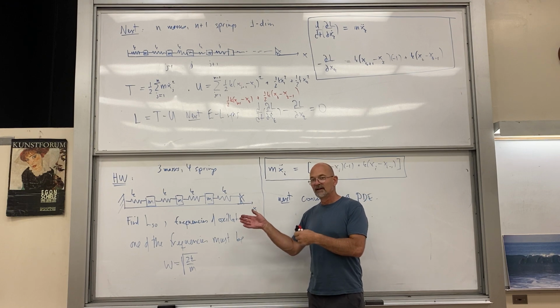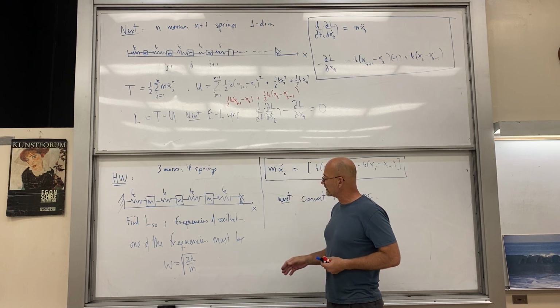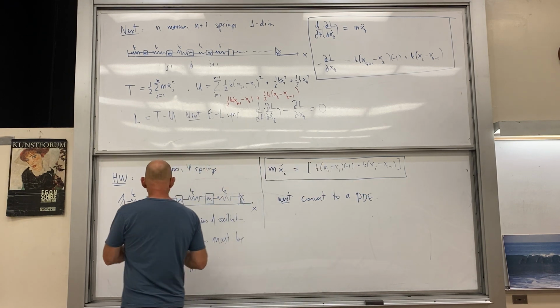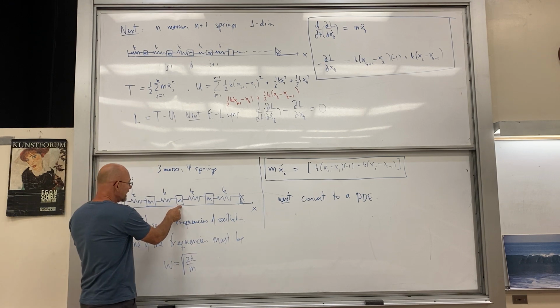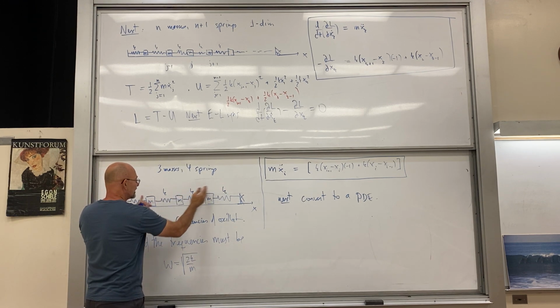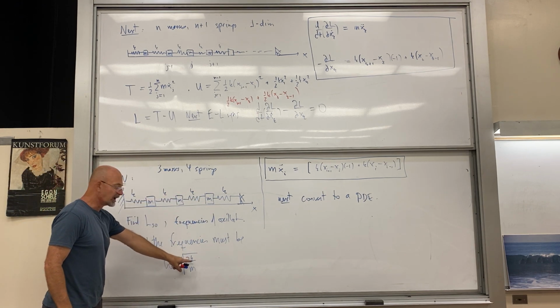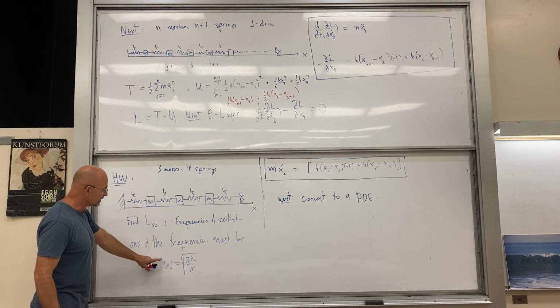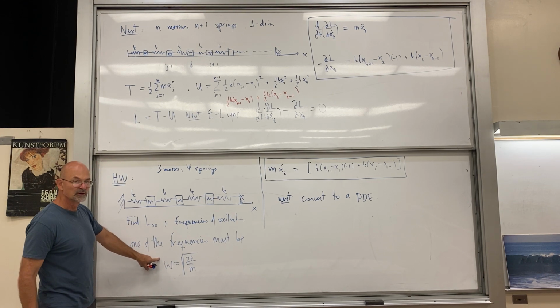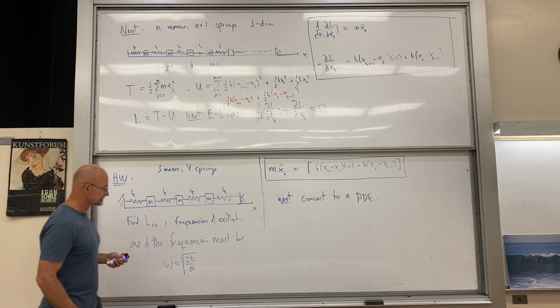You can bring in physical arguments. So once again, if the middle mass is nailed down, so to speak, and these two are oscillating symmetrically, then each one of their frequencies is going to be 2k over m, and so that will be root 2k over m.